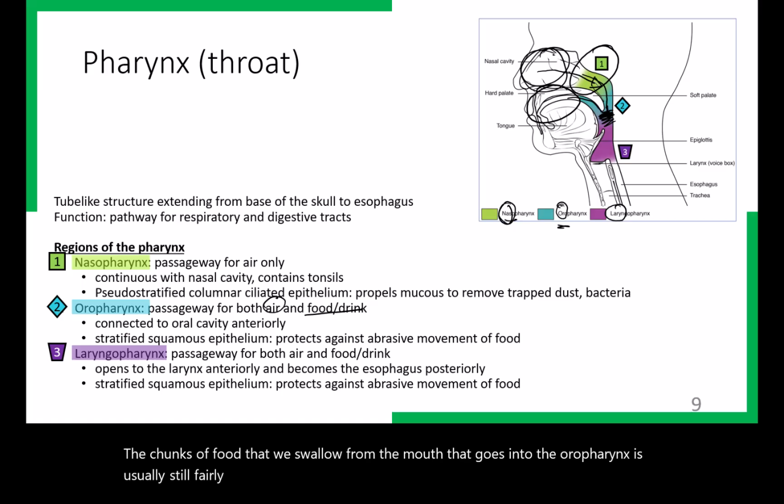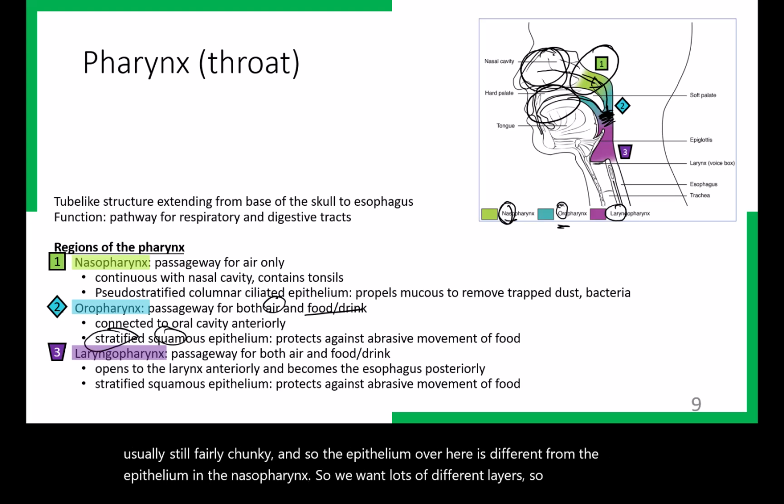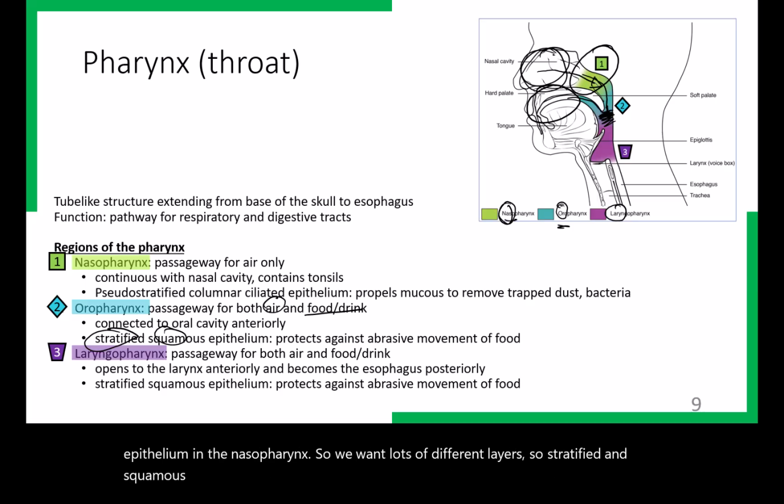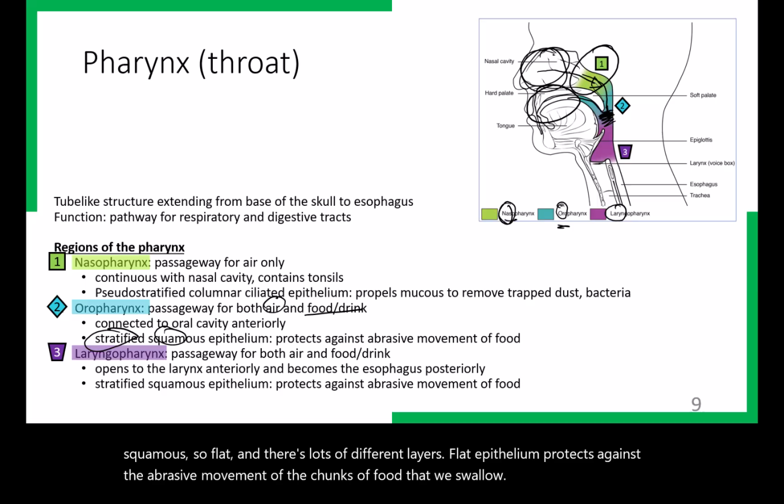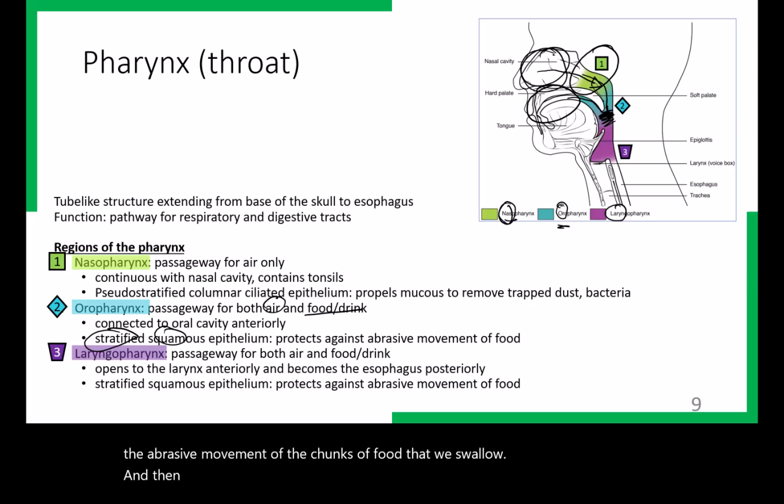And so the epithelium over here is different from the epithelium in the nasopharynx. We want lots of different layers, so stratified, and squamous, so flat. This multilayered flat epithelium protects against the abrasive movement of the chunks of food that we swallow.